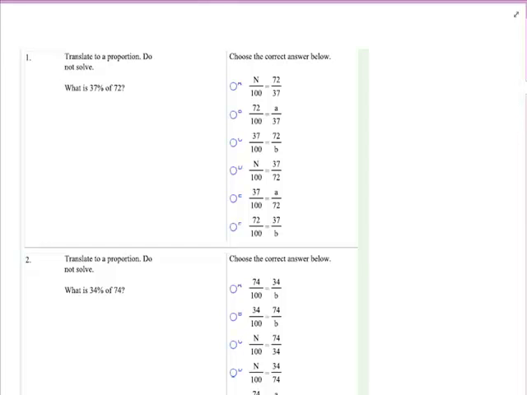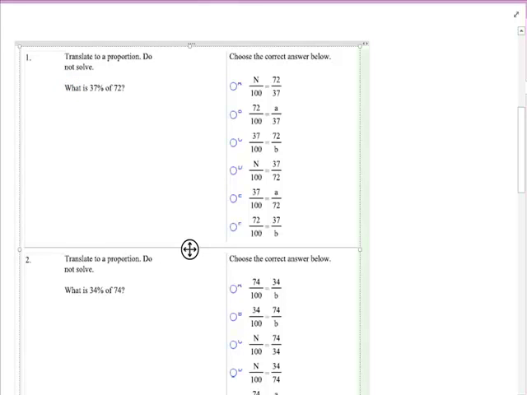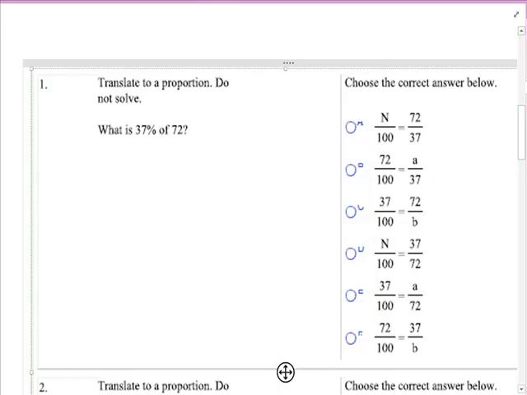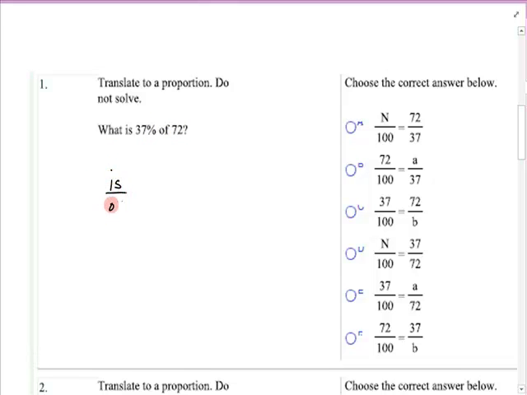Now, when I write down a proportion, it could be that I have the left and right sides reversed, but that does not matter. So let's just see. It says, what is 37% of 72? Now remember this: is over of equals percent over 100.